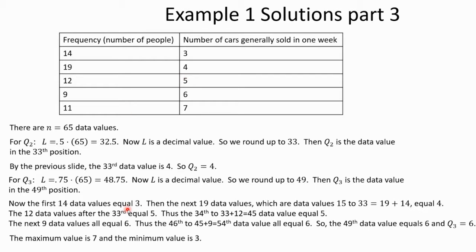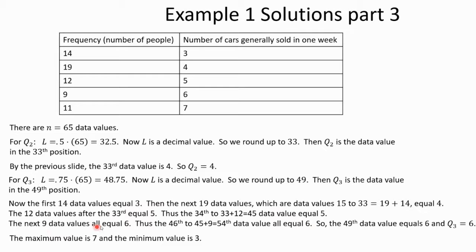So from 34 up to 33 plus 12, which is 45, right? So 34, 35, 36, up to and including 45. That would equal 5.